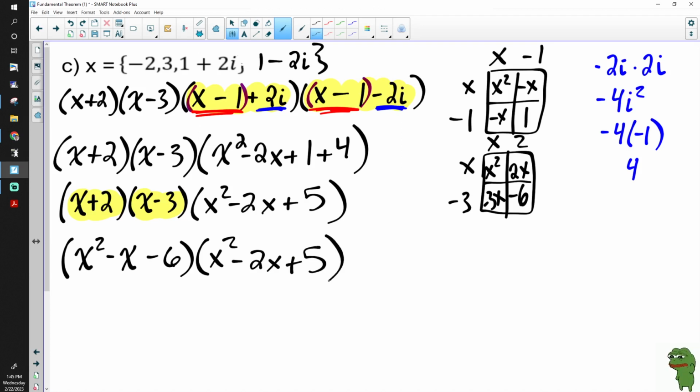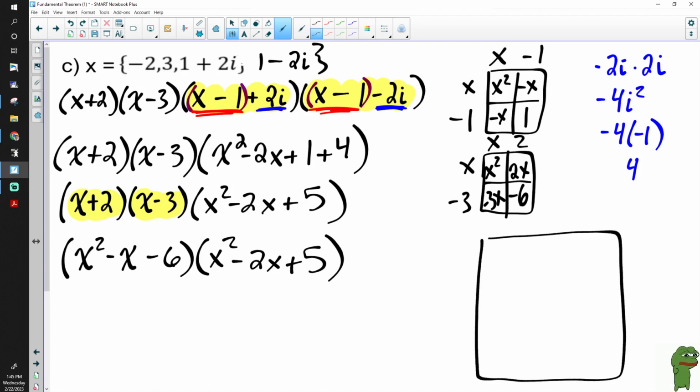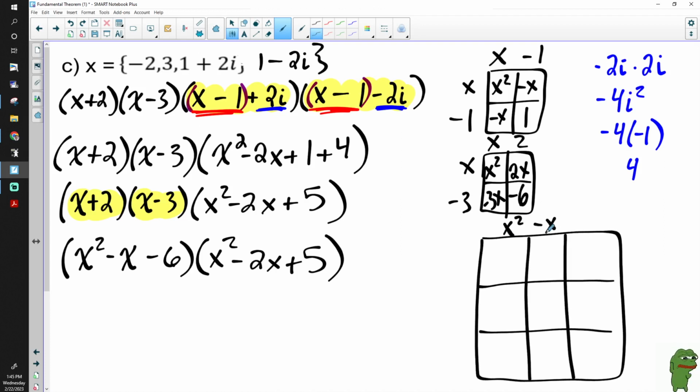Last but not least, we'll do one more box. This is a big one. It's a 3 by 3. x squared minus x minus 6, x squared minus 2x and 5.